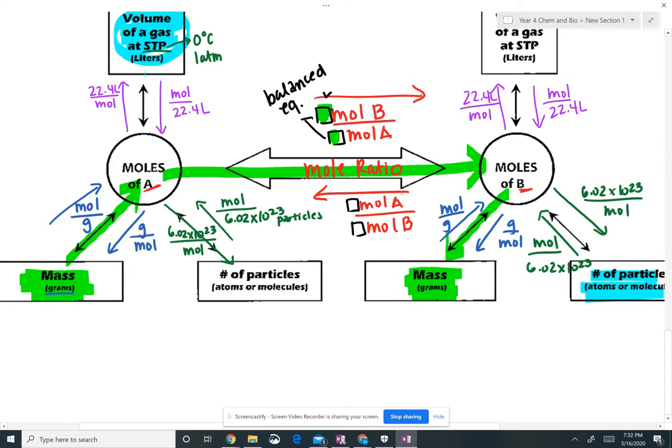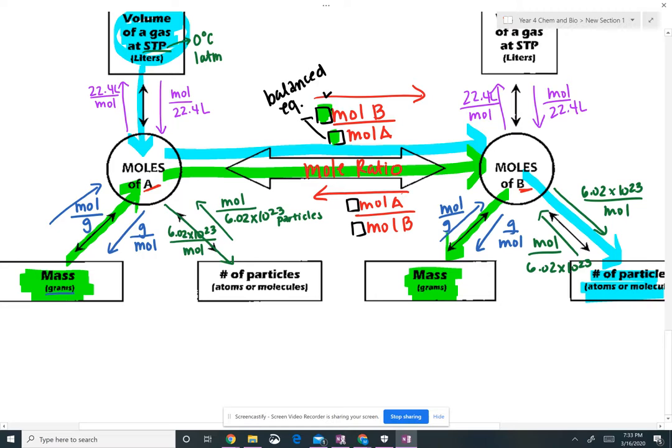Then I would go down here, and I see that in order to do that, I'm going to have to use this conversion: moles over 22.4 liters. Then again, I would have to use my mole ratio, and I'm always using my mole ratio to switch from one type of molecule to another type of molecule. And then I would take these moles and make them into particles using Avogadro's number.